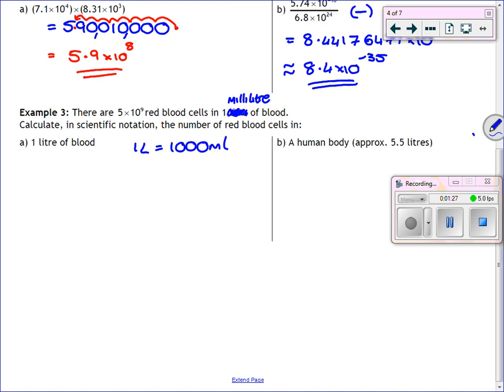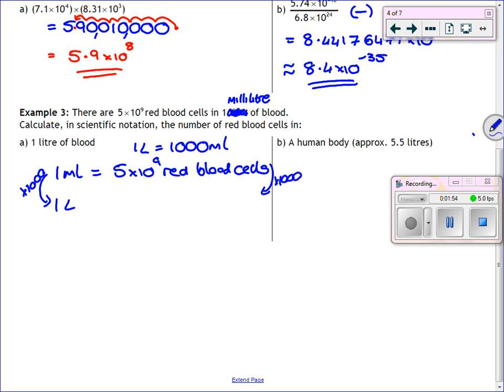So if I have got 1 milliliter gives me 5 times 10 to the power 9 red blood cells, then 1 litre is going to be 1,000 times that. So I want to multiply that by 1,000.